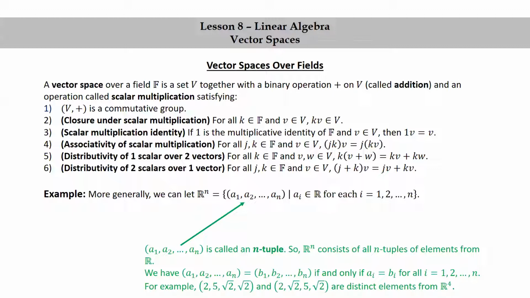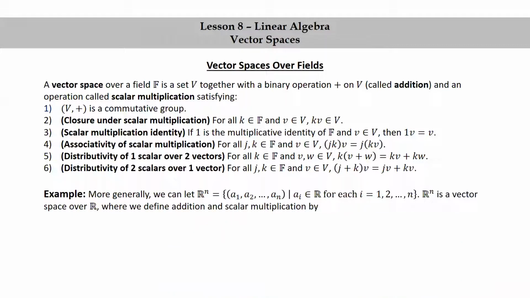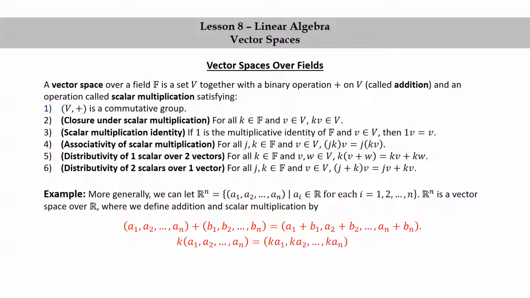For example, the 4-tuple (2, 5, root 2, root 2) and the 4-tuple (2, root 2, 5, root 2) are distinct elements of R4. Rn is a vector space over R where we define addition and scalar multiplication by (a1 through an) plus (b1 through bn) is (a1 plus b1, a2 plus b2, through an plus bn), and k times (a1 through an) is (ka1, ka2 through kan).